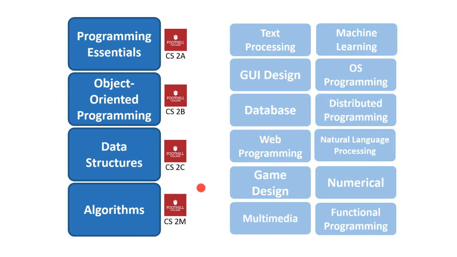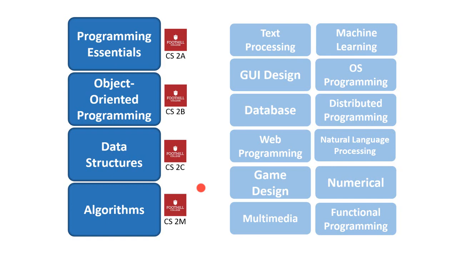First, let's look at programming skill. Usually you need to pick a pilot language. Here I use the Foothill College C++ sequence: CS2A Programming Essentials, CS2B Object-Oriented Programming, CS2C Data Structures, and CS2M Algorithms.